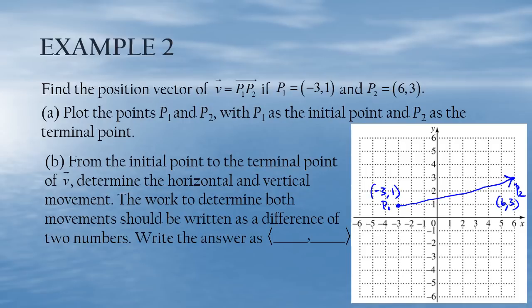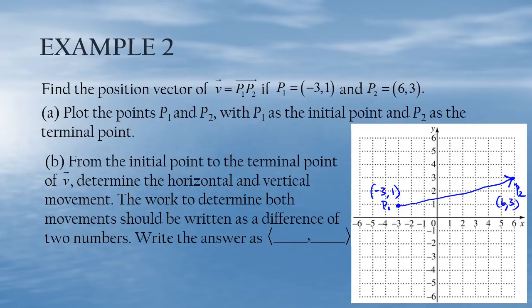From the initial point to the terminal point of the vector, determine the horizontal and the vertical movement. Now, I go on to say that the work to determine the movement should be eventually written as a difference of two numbers. But because we have this nice graph, I think that we can just do some counting.